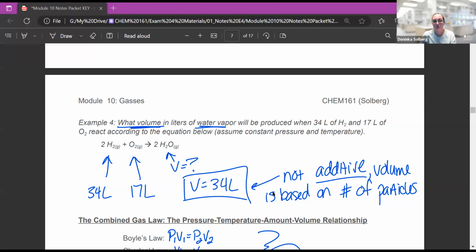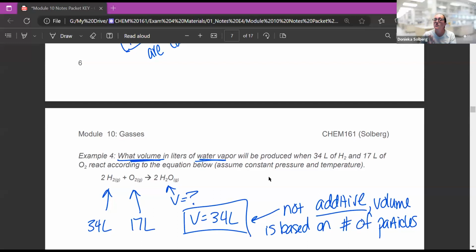They're not additive like the masses would be, because we have containers, the volume can change based on the number of particles. And if you're looking at a particle relationship, it's two of these and one of these makes just two of these. So the volume is actually 34 because it's based on the number of particles. Okay, so that might kind of mess with your mind a little bit, but if you're just using volumes, you can use that as a ratio, just like a mole ratio.